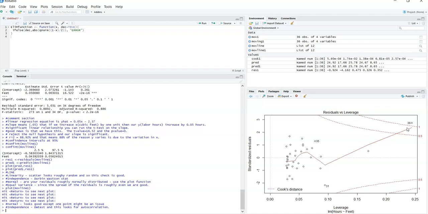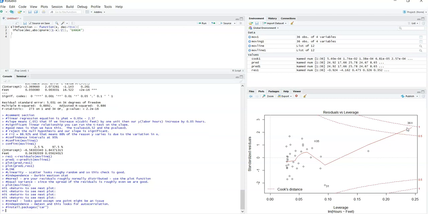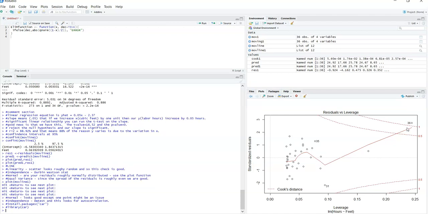So how does one run the Durbin-Watson test? Well, first of all, you need to install a very specific package called the car package. I'm going to comment this out because I already did it. So you would install the packages, and you would type, just like I have, car. That would be the package you would install. And then remember, even after you've installed a package, you have to activate it, so you run the library.